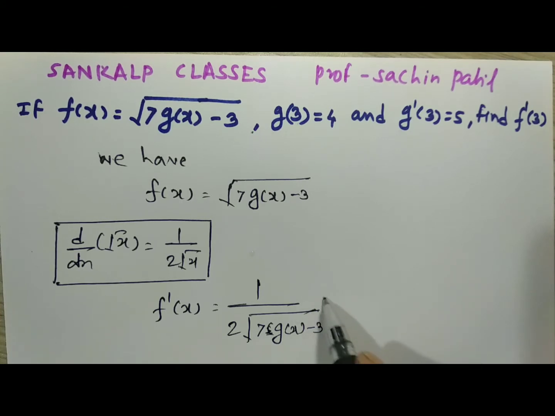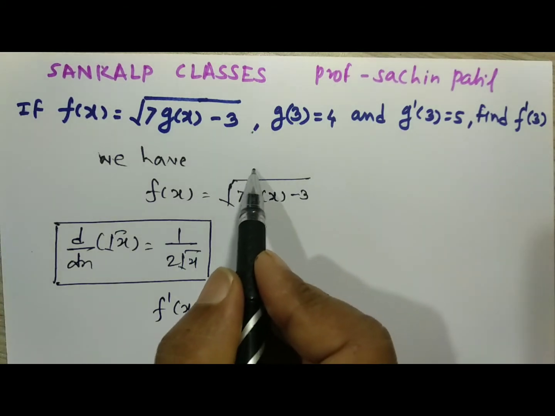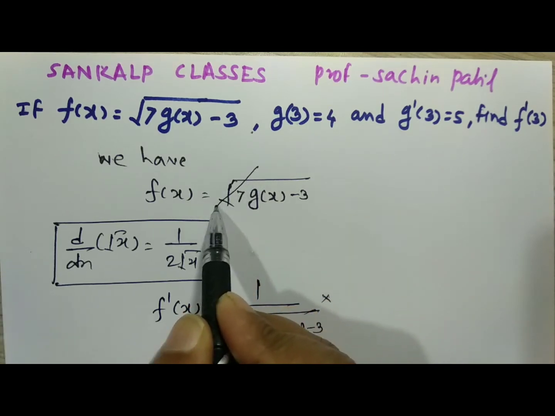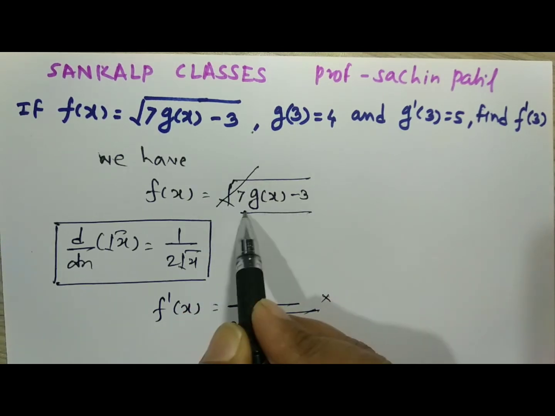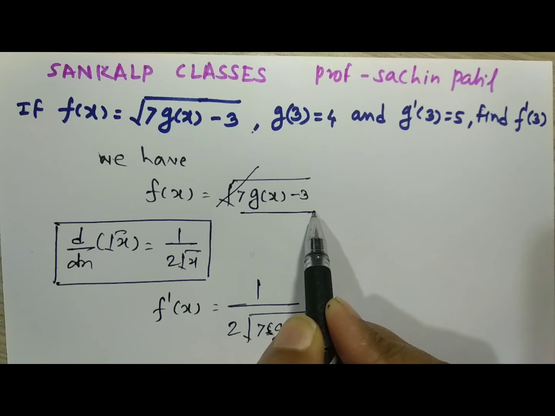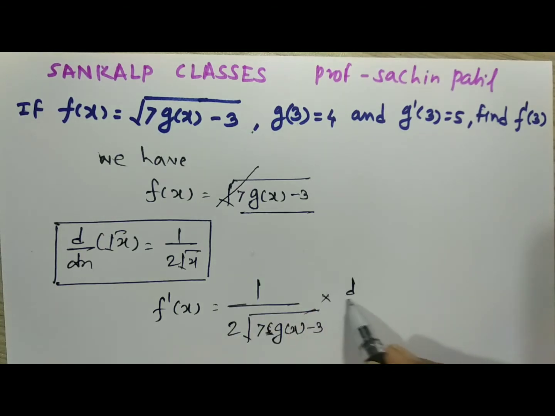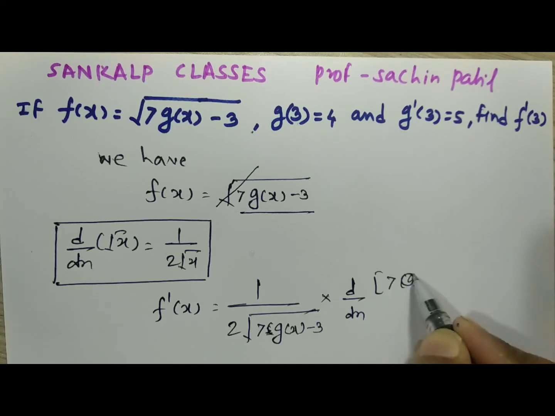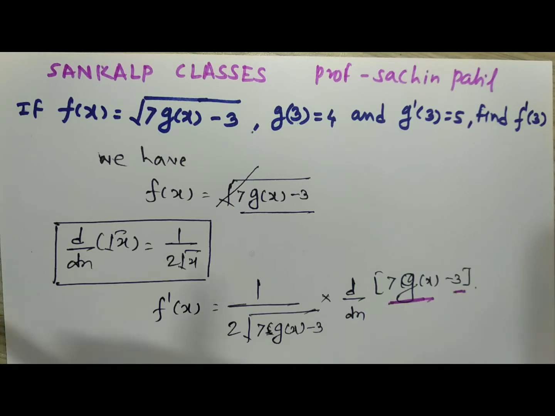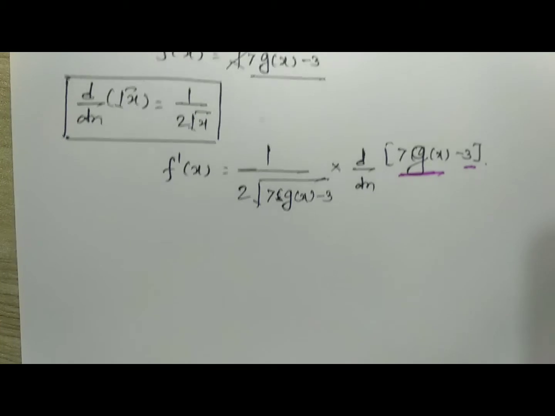And again you have to complete the derivative of the expression inside the square root, so you will get d dx of 7g of x minus 3. Here we get two different functions: 7g of x is one function and minus 3 is another function, and therefore you will use the algebra of derivatives.